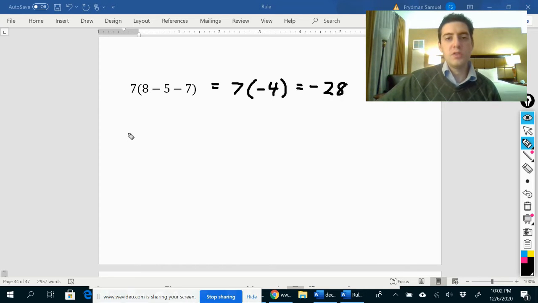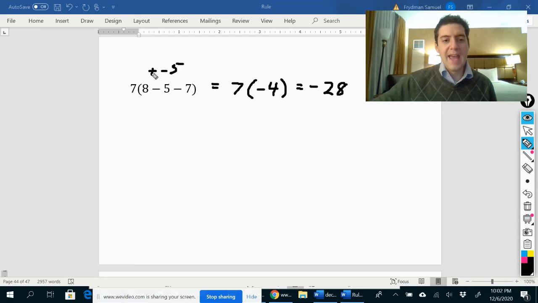Now, what if we were to use distribution and multiply this number that's out in front with everything that's on the inside? Now, before I do that, I want to say that even though these over here are subtraction symbols, you can treat them as negatives. And the reason you can do that is because minus 5 is the same thing as plus negative 5.